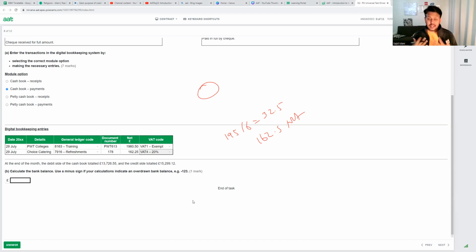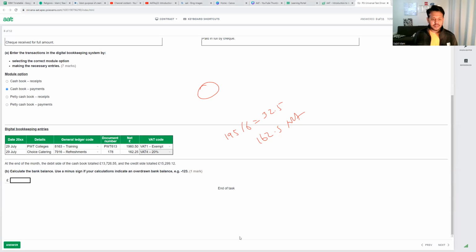The cash cannot be minus because we cannot spend more than we have, but it is possible the bank can go to overdraft. For that reason, if the cash book gives you a negative balance, don't think it is wrong, because the bank can give you an overdrawn balance. But you have to show it as a negative figure with a minus if it is. Calculate the bank balance, use a minus sign if your calculation indicates an overdrawn.